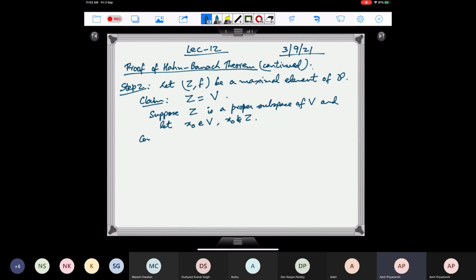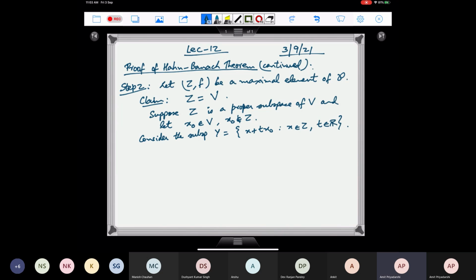Now consider this subspace Y equal to x plus t x naught, where x belongs to Z and t is a real number.